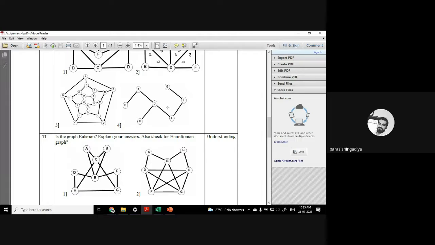Okay, first draw this graph in your book, and then write a conclusion for Eulerian. If it is Eulerian, mention the Eulerian cycle. If it is not Eulerian, just write that this graph is not an Euler graph. Okay, and then verify it for a Hamiltonian graph. If it is Hamiltonian, write the Hamiltonian cycle. Okay, and do it for the second graph also.